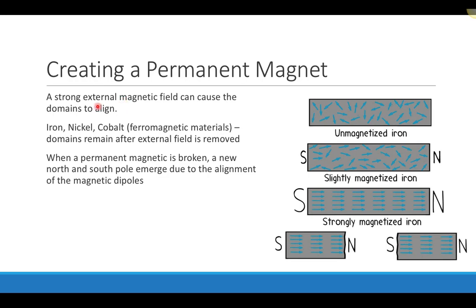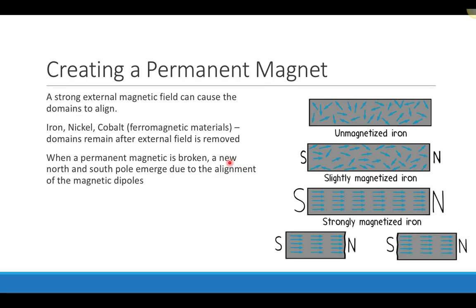And what I can do is take that and put it in a magnetic field. When I put it in a small magnetic field, that material becomes slightly magnetized. So those domains start to line up in the direction of the magnetic field. And then as I put it in a stronger magnetic field, all those magnetic dipoles tend to line up with one another.